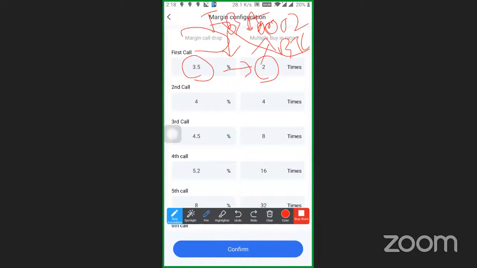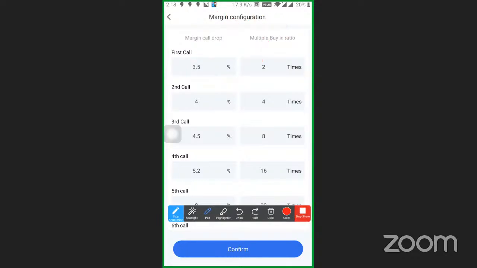So every time the market drops, it will buy into this multiple buy-in ratio of the first buy amount. And how much the market will drop, we can set it here. So if the market drops 3.5%, you buy your first buy into 2 times.